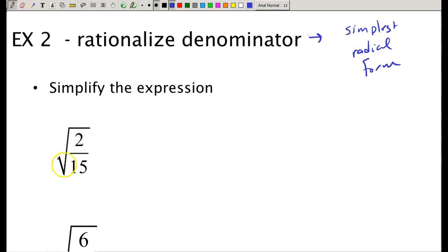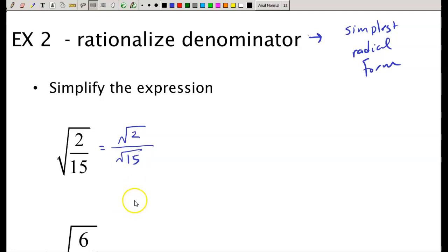So if I said root of 2/15 here, you might be thinking, well, what could you do with it, right? You could use the quotient property to say this is root 2 divided by root 15. The problem, and it's not really a problem, but it doesn't fit the definition of simplest form, is that on the bottom of this fraction you have a square root.